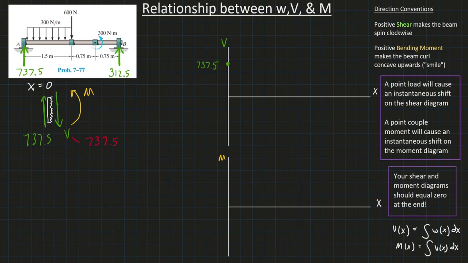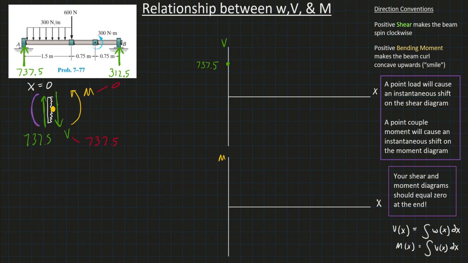Now for my M here, well, in a sense we can take moments about this point here. Of course, the moment of V is going to be 0. This guy will have a moment arm, but this moment arm is so small such that when we multiply it by this force, it basically gets us 0 moment. So that's 0 as well. So because of this, my M at the beginning is 0.